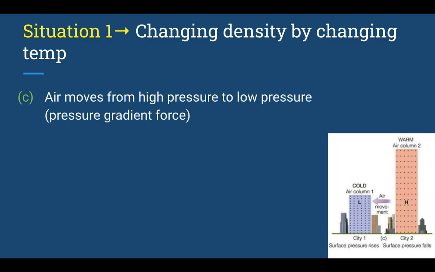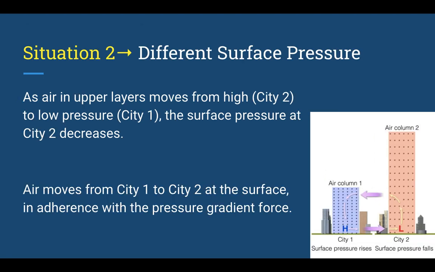So if City 1 and City 2 are next to each other, there's high pressure in the warm column, low pressure in the cold column, and so air is going to move from City 2 to City 1. Once again, this plays into gas laws. If you recall from either physical science or chemistry, high temperature, high pressure. So warmer temperatures, higher pressures.